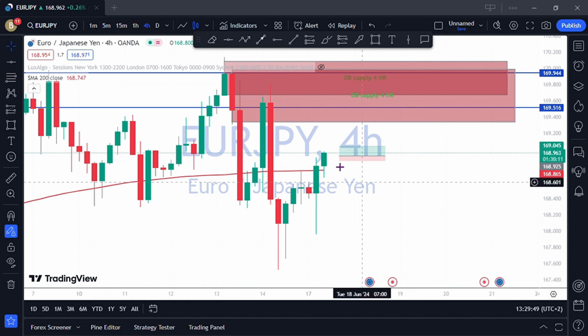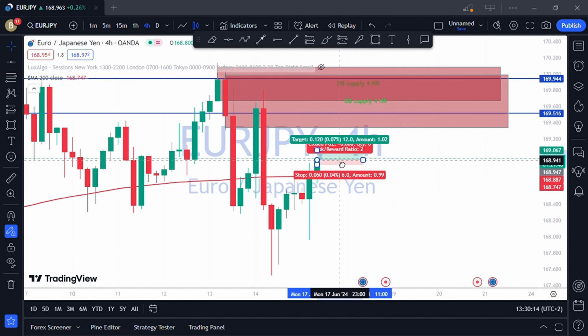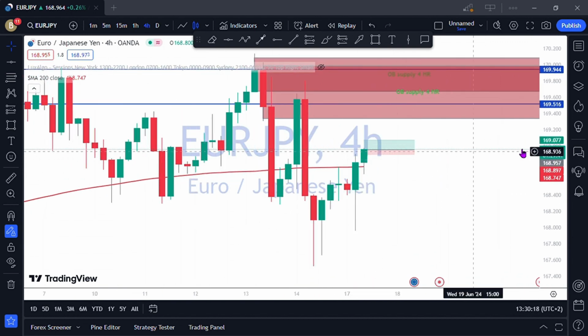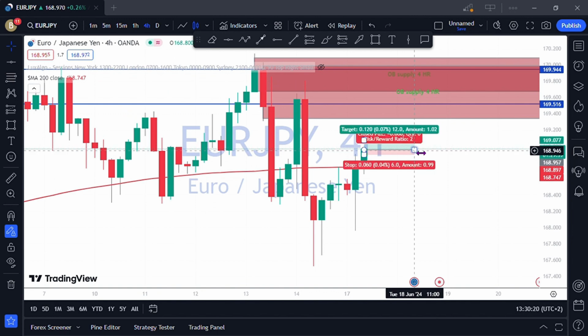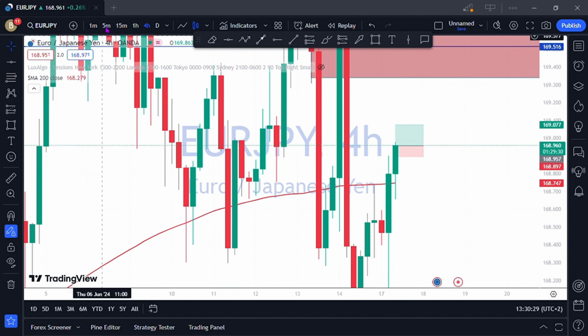Meaning I'm risking 60 cents to gain $1 actually. Yes, correct. That is my risk to reward. So I've just decided to be in the trade.